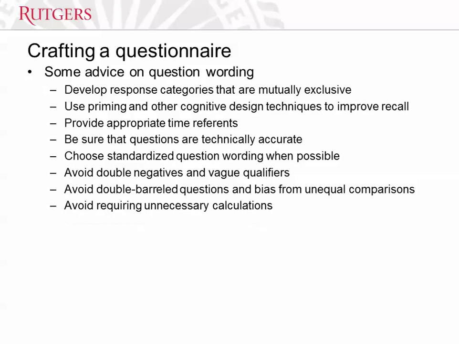This list continues, using mutually exclusive response categories, avoiding double-barreled questions, and so on. So I'm not going to go over those here, but just to point you to that part of the book and have you read them. We give some examples for each of these and the do's and the don'ts.